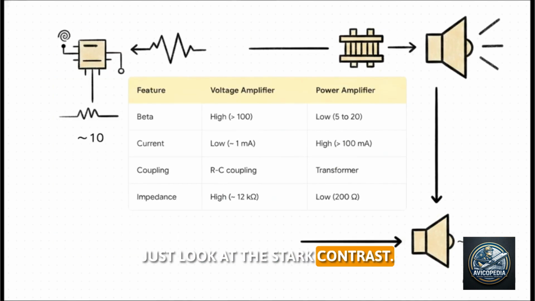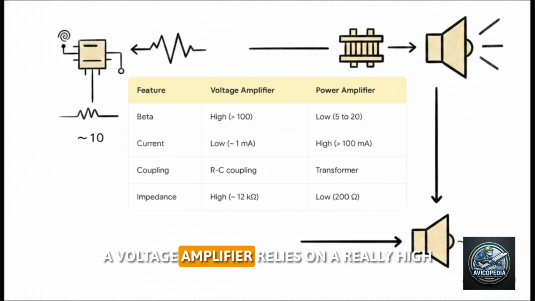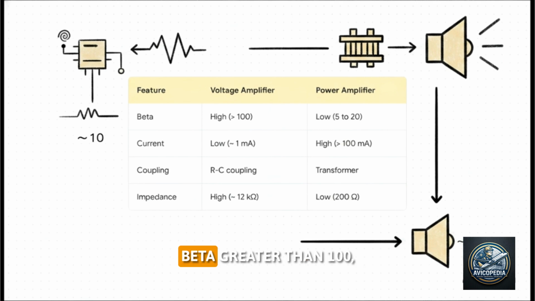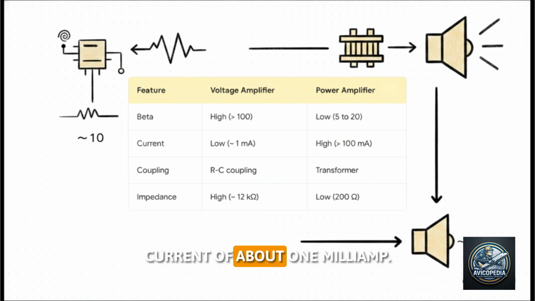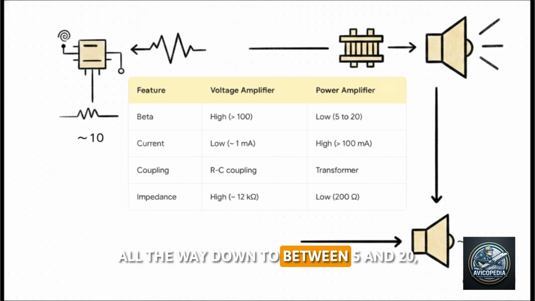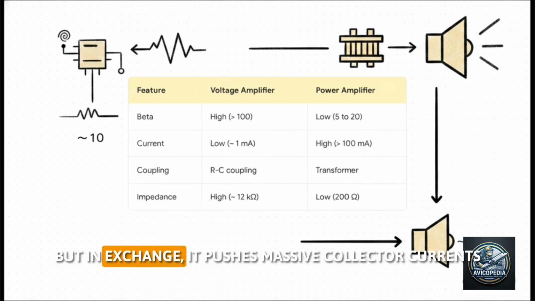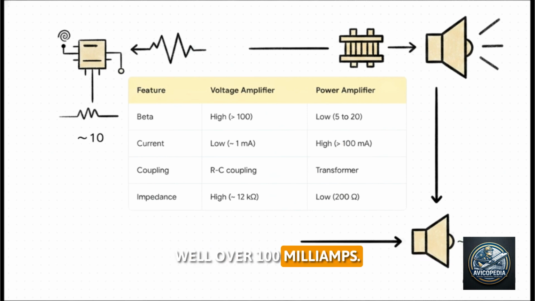Just look at this stark contrast in these engineering parameters. A voltage amplifier relies on a really high beta, greater than 100, but it runs on a tiny collector current of about 1 milliamp. The power amplifier, totally different story. It actually sacrifices beta, dropping it all the way down to between 5 and 20, but in exchange, it pushes massive collector currents, well over 100 milliamps.